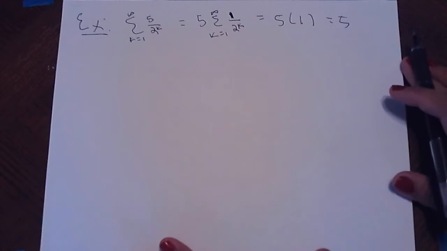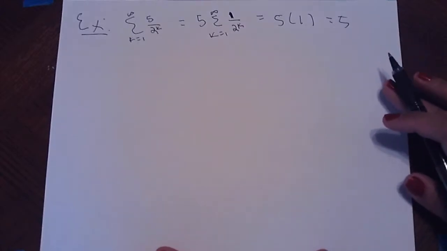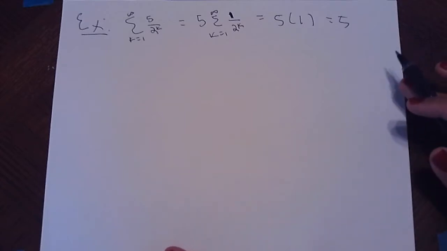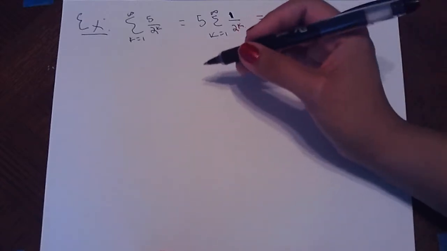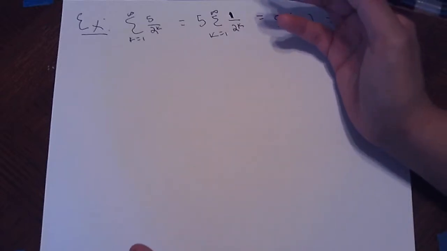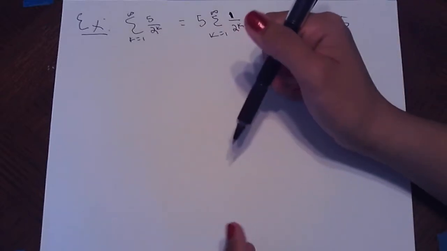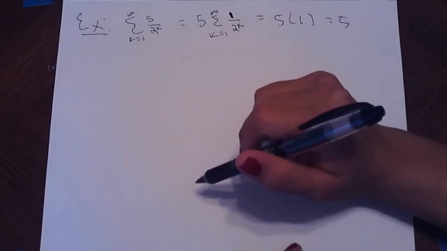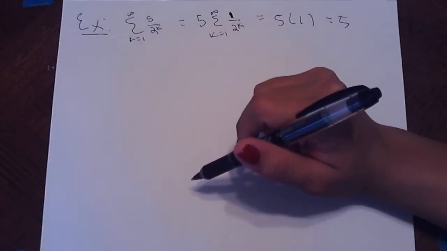Some other comments, because we did a couple of examples where we found stuff and it converged, and we did a couple of examples where we threw stuff together and it didn't converge. What I want to give you is a bit of a time saver.